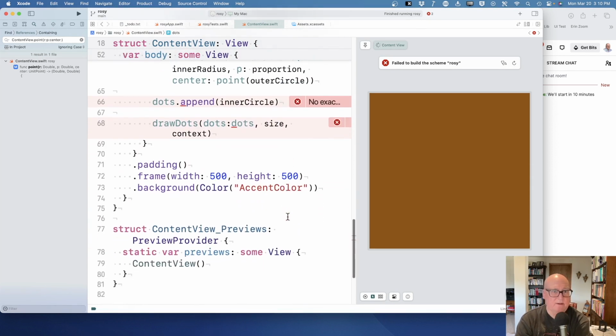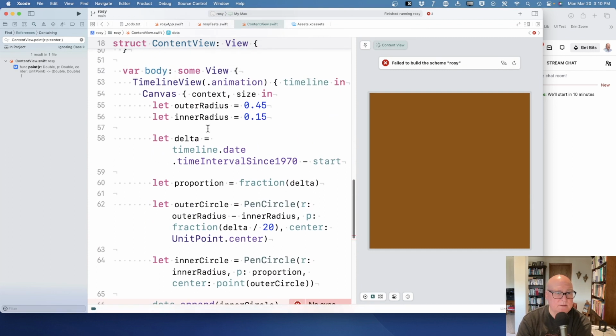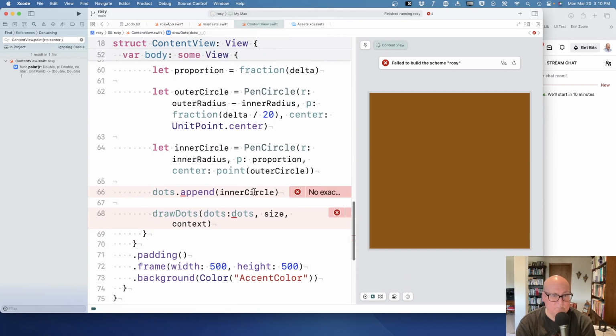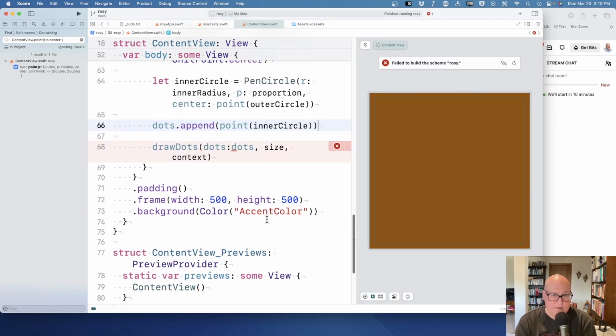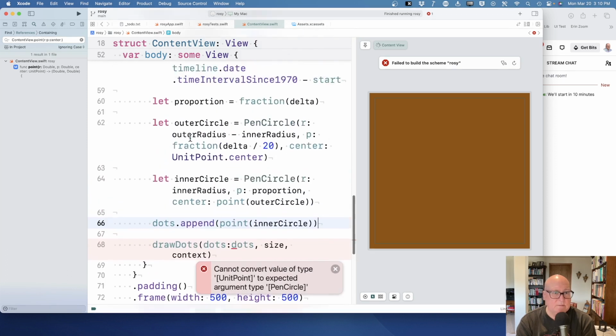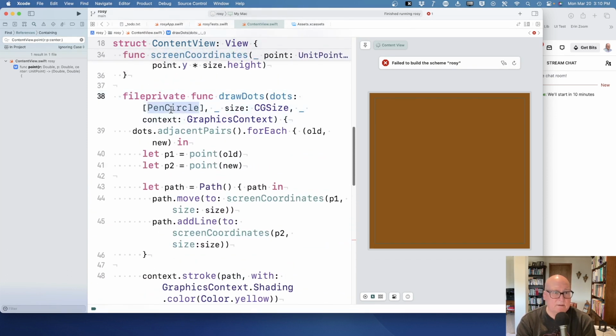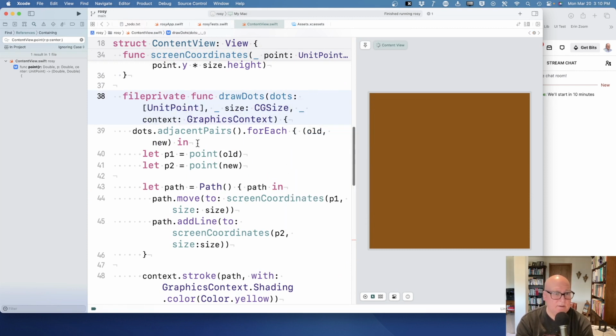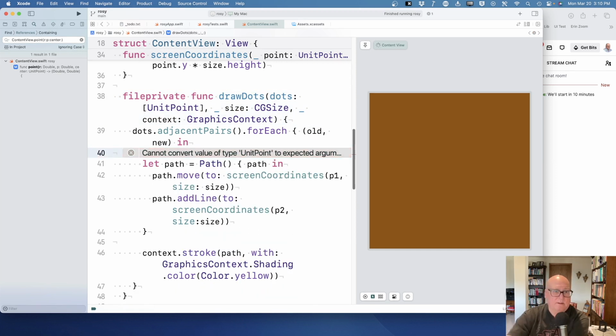Oh, down there. Okay. Point. Let's see, that should be in here. Let's append point of inner circle. Okay. Dots needs to be unit point.